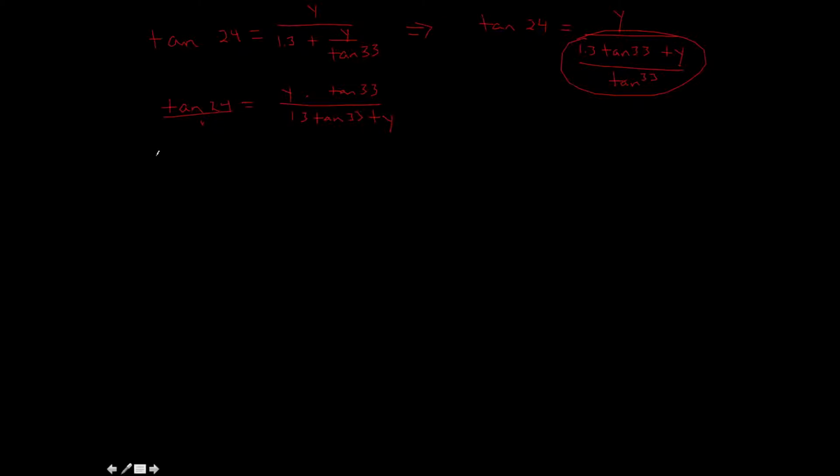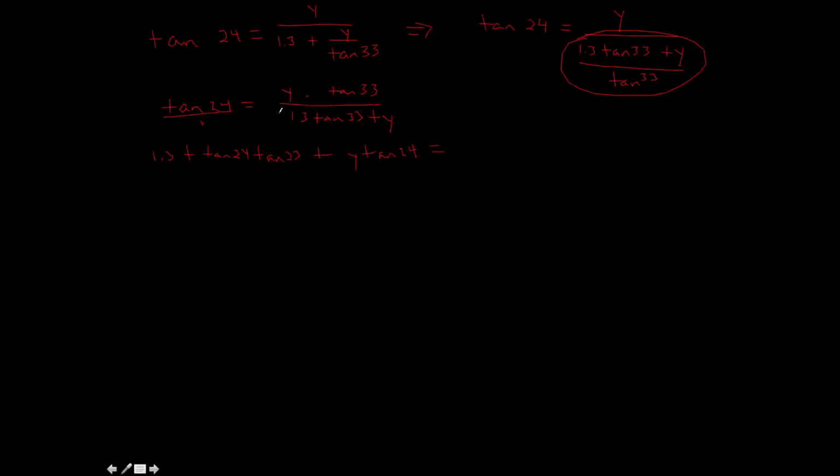So cross multiply, and we get 1.3 times the tangent of 24 times the tangent of 33 plus y times the tangent of 24.